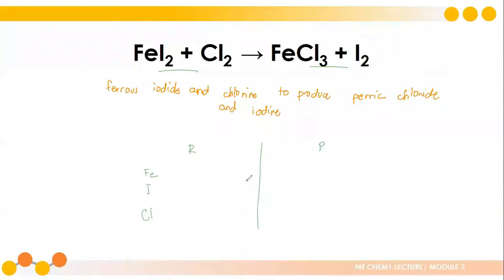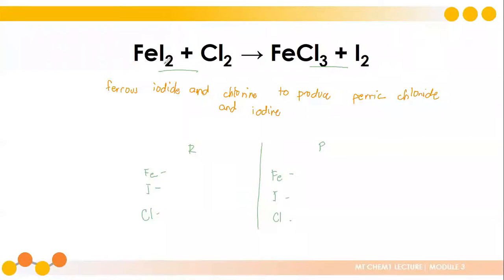Next, for the product side, we have again iron, iodine, and chlorine. Now let's list down the number of elements for each side.